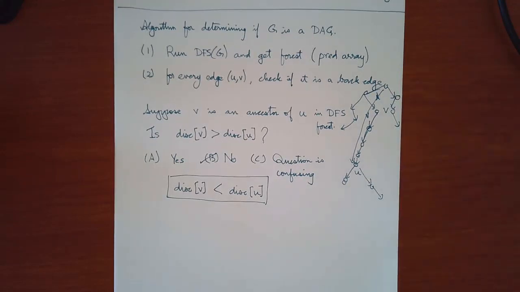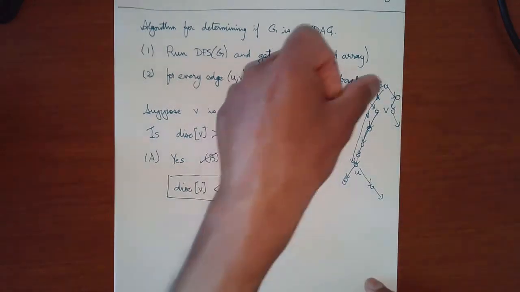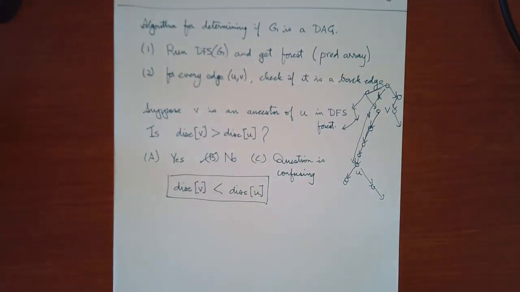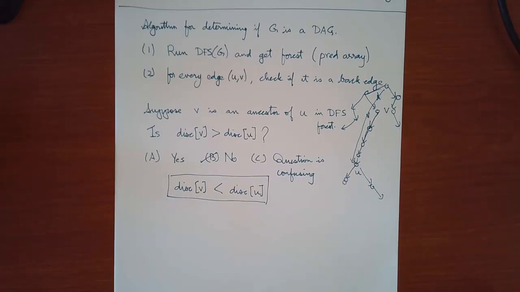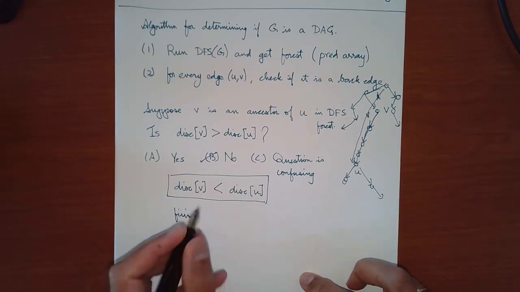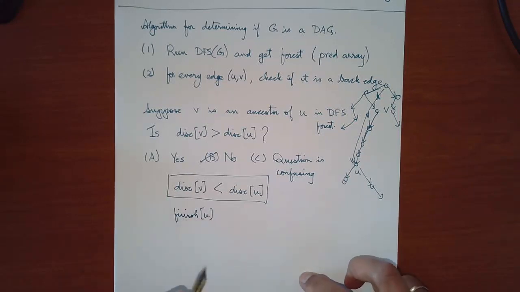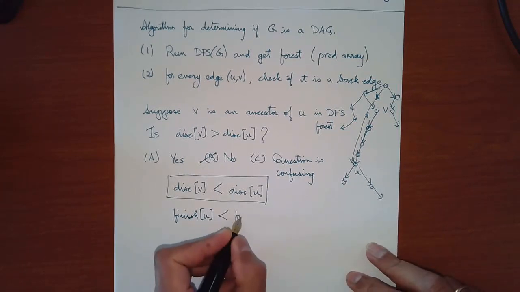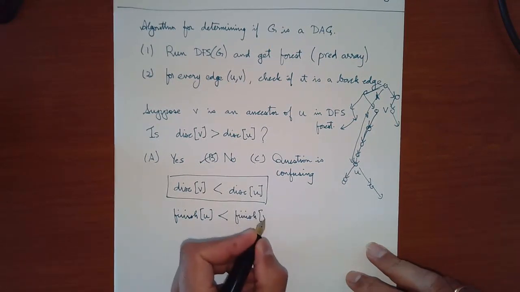I mean, the whole point of recursion is when a parent makes a call to a child, the child has to finish first, and only then can the parent finish. That's just basic recursion, right? So this means that the finish time of U is going to be less than the finish time of V.